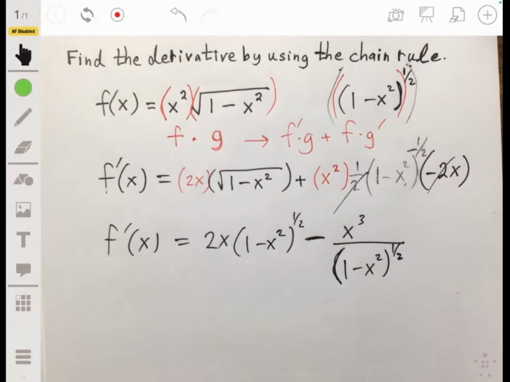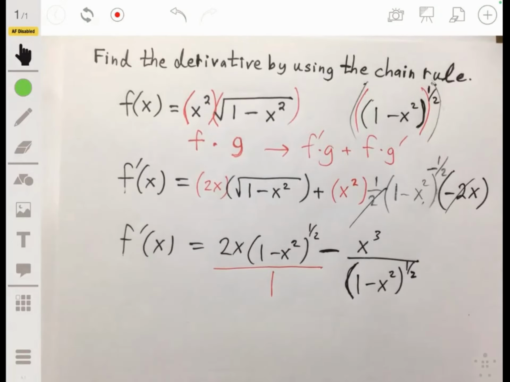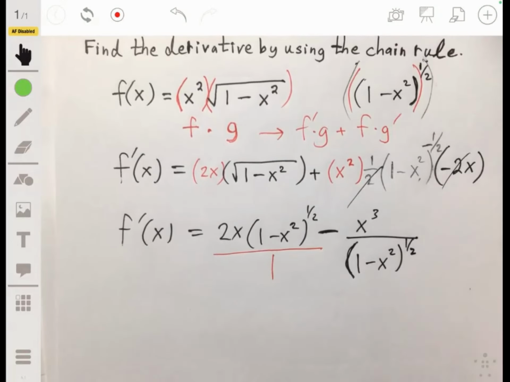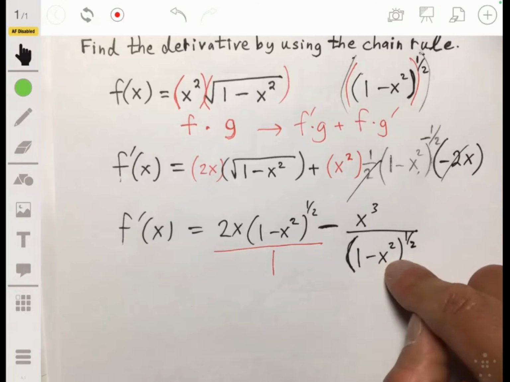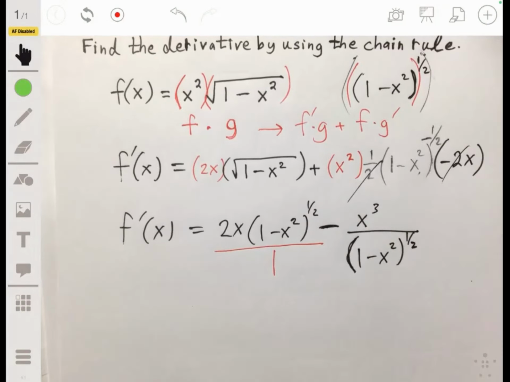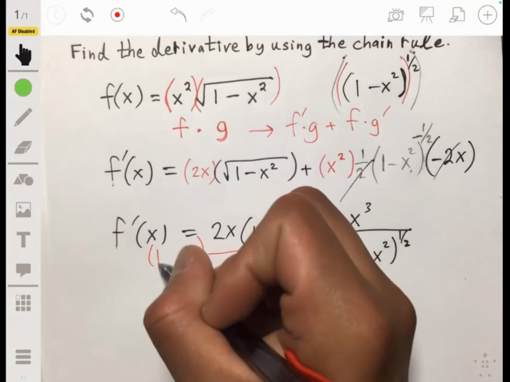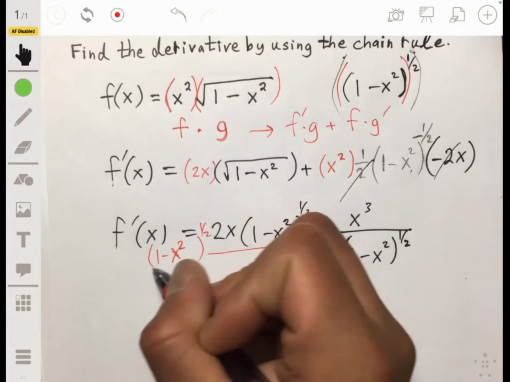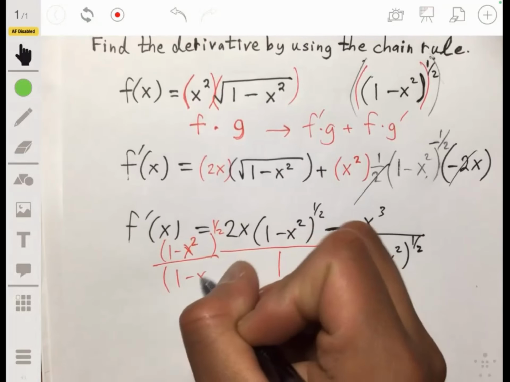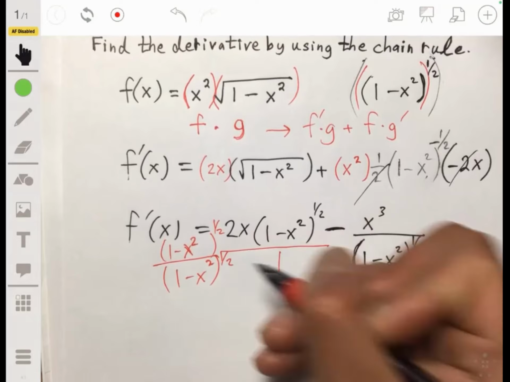If you're really trying to put this all together as one neat fraction, then we need to get this denominator on both of them. So we just need to multiply this by 1 minus x squared to the 1/2 over 1 minus x squared to the 1/2.